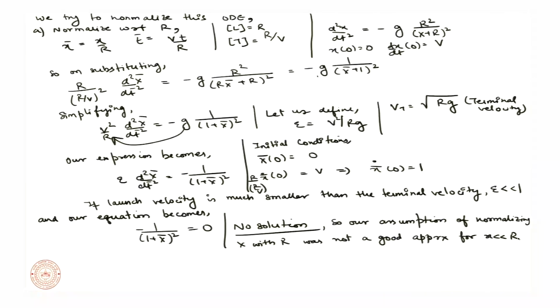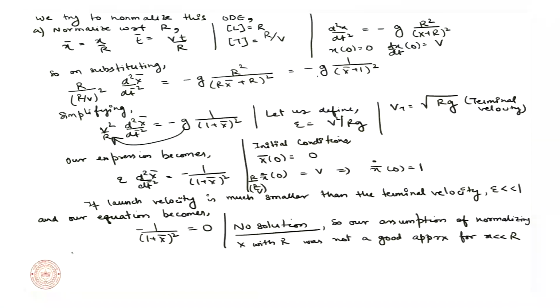If x is very small compared to r, we can consider that as a flat surface and neglect the radius. Under such situations if you normalize x with r, x will always tend towards 0. In that case 1 by 1 plus x bar square will never reach 0, and we will never have a solution by this method.